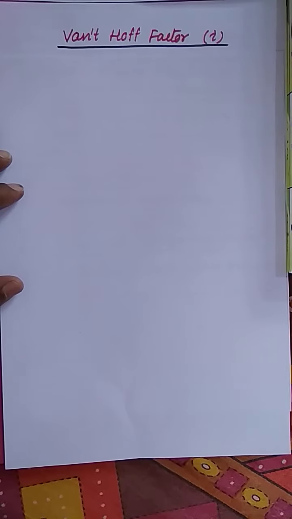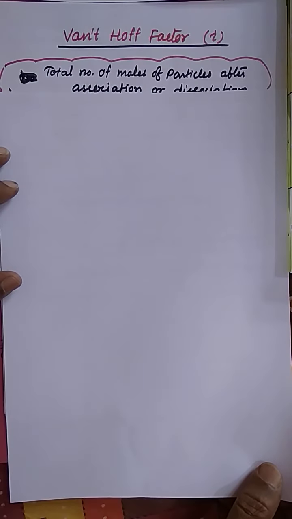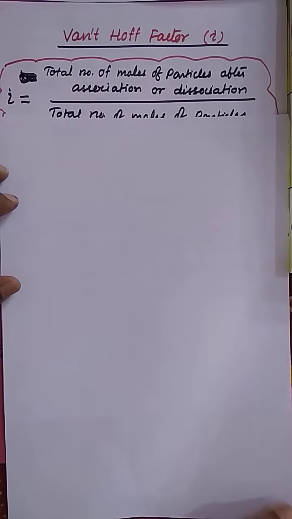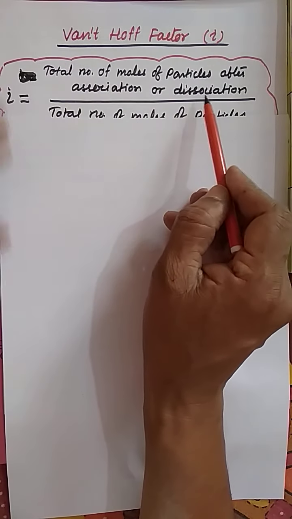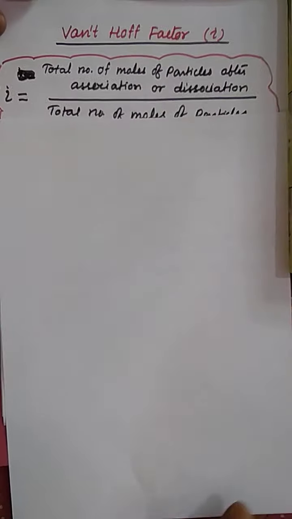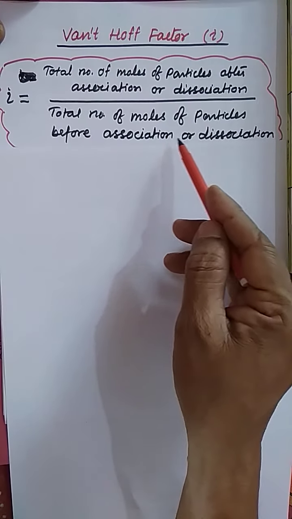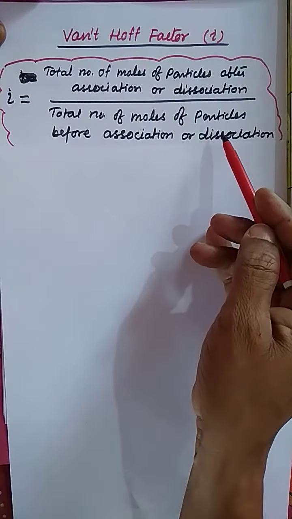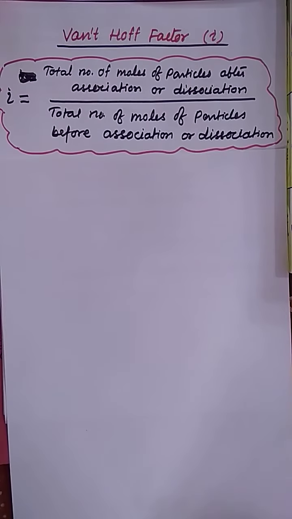So friends, we see Van't Hoff factor. What is Van't Hoff factor? Van't Hoff factor is defined as the ratio of total number of particles after association or dissociation to total number of moles of particles before association or dissociation. So i equals, you can write in this way.